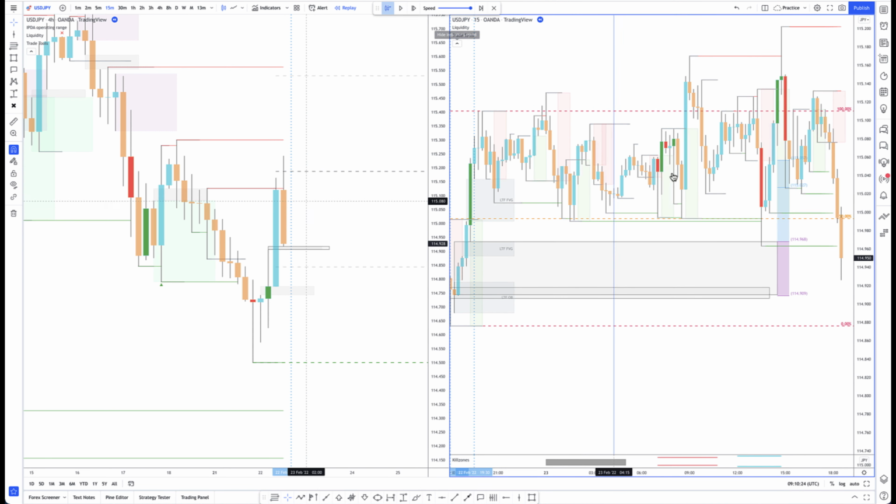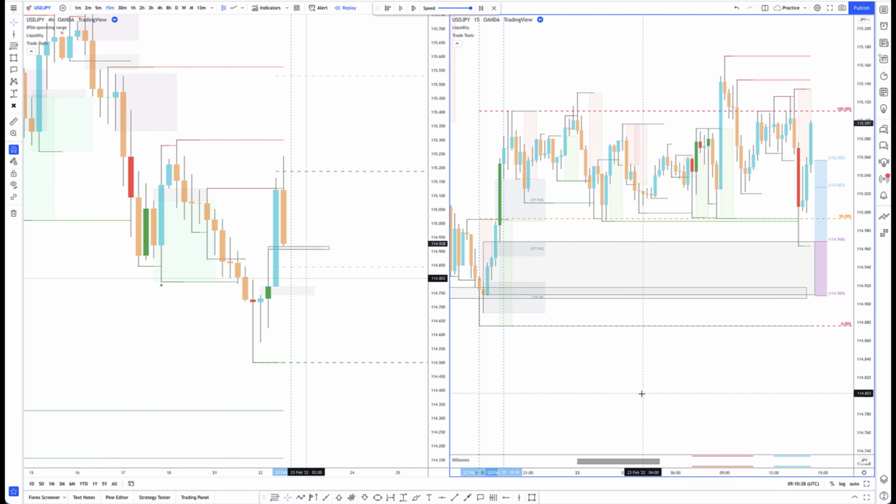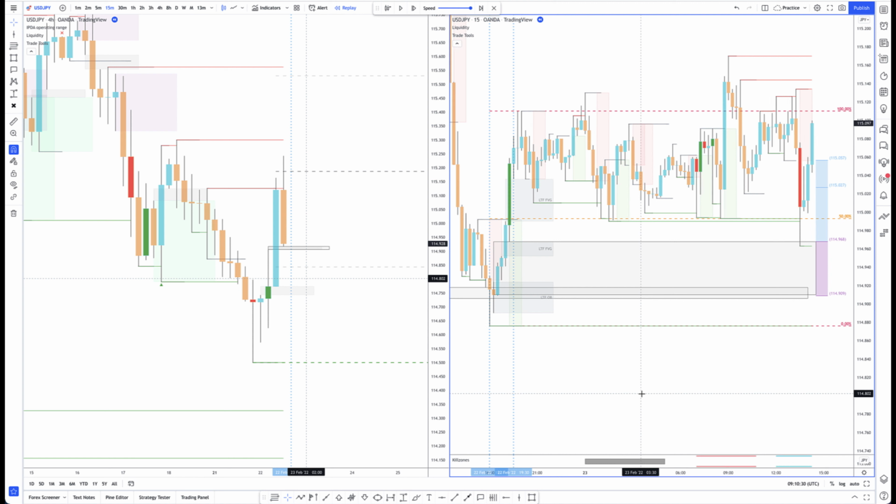Not the best of setups, because it required 1, 2, 3, 4 candles to break the structure. But okay, we'll record it as a winning setup.